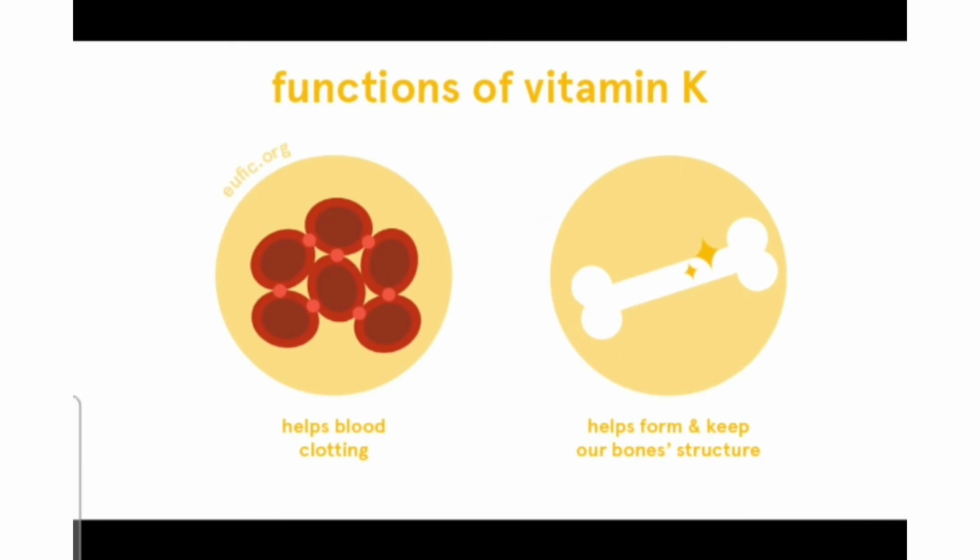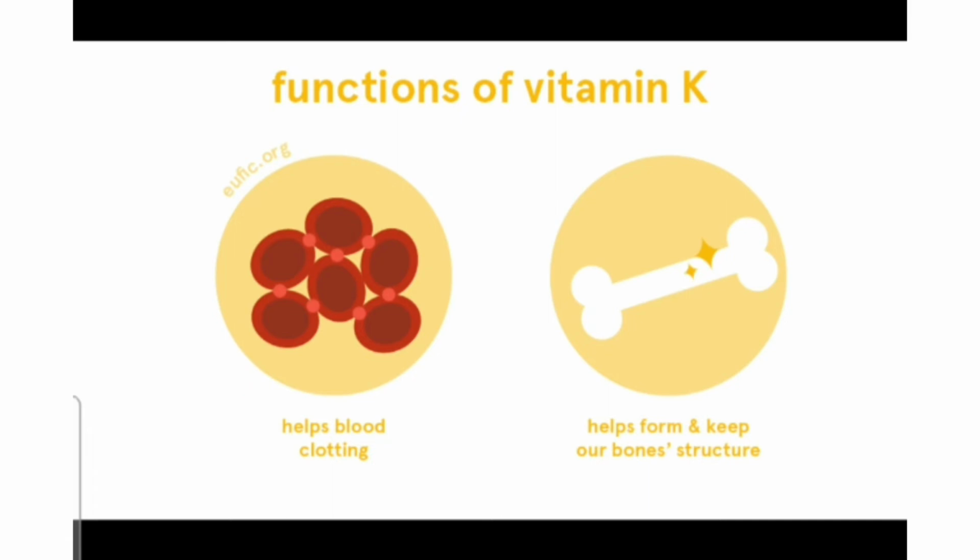After that, we are going to learn about the functions of vitamin K. This is the supporting picture for the function: it helps in blood clotting and helps to form and keep our brain structure and bone skeletal structure. Vitamin K has important functions in our body. It helps in blood clotting. Vitamin K helps in the regulation of the cascade mechanism, which you learned in class 11.